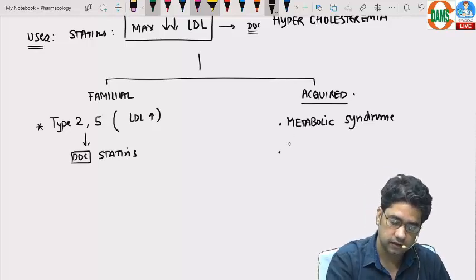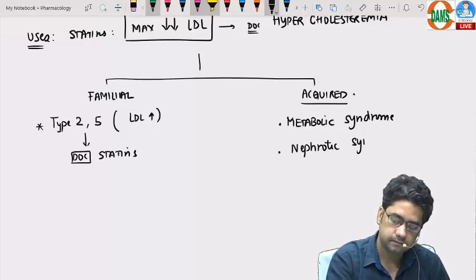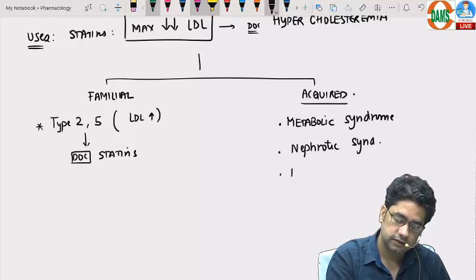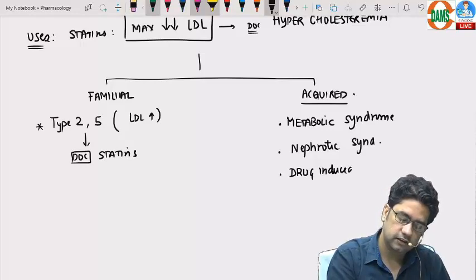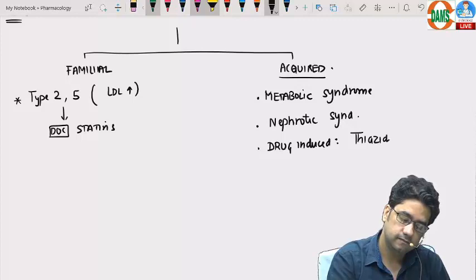Metabolic syndrome, nephrotic syndrome. In nephrotic syndrome, there is increase in cholesterol level. Sir, drug induced. Can you tell me 2-3 drugs which increase cholesterol level? Yes. Which diuretic? Thiazides. Loop diuretics. They increase cholesterol level.